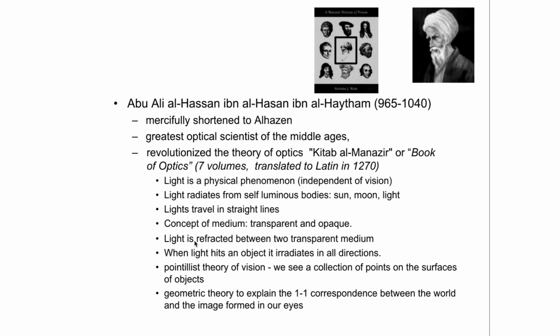And when light hits an object, it radiates in all directions. He advocates, again, a pointwise theory of vision. So he says we see a collection of points on the surface of objects. And again, this comes from the geometric theory of vision, which defines the one-to-one correspondence between the world and the image formed in our eyes.